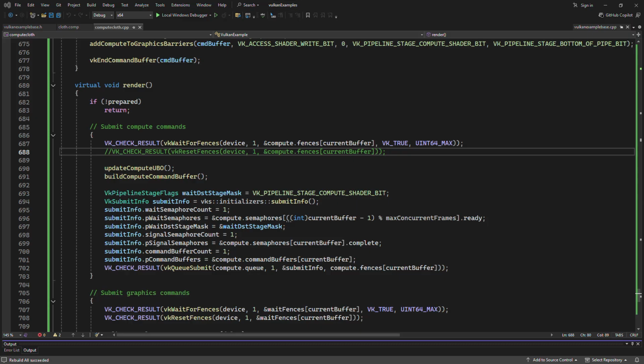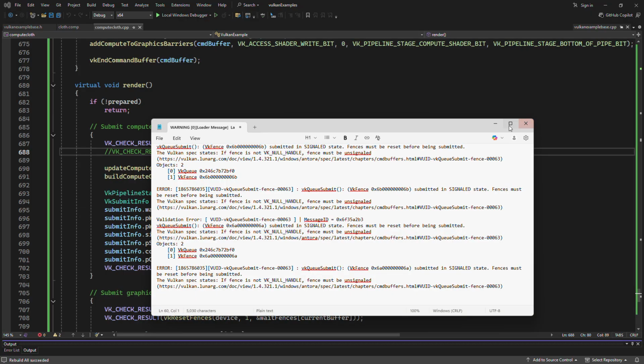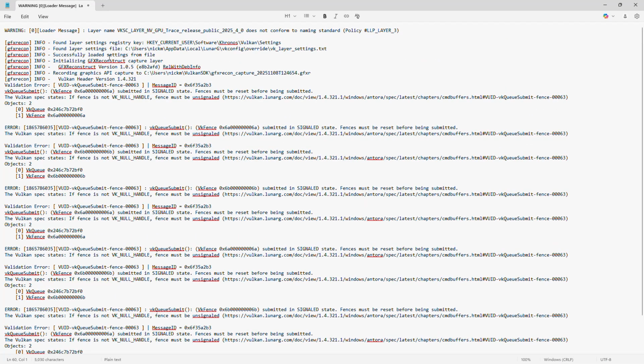So here, well, I don't even get the application. The window pops up, but it doesn't even run, right? But if we look into what the error is, don't worry about this, this generally comes up.